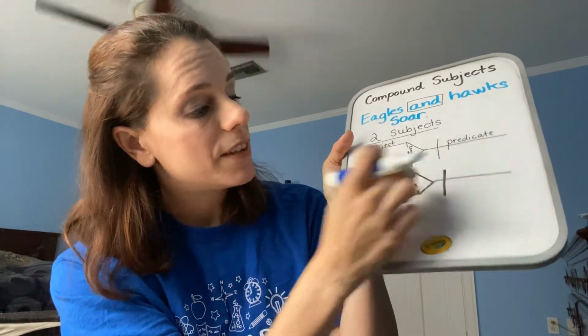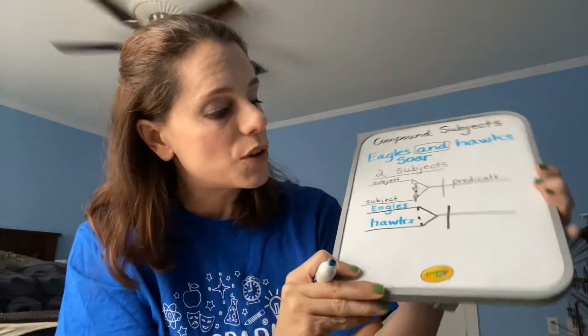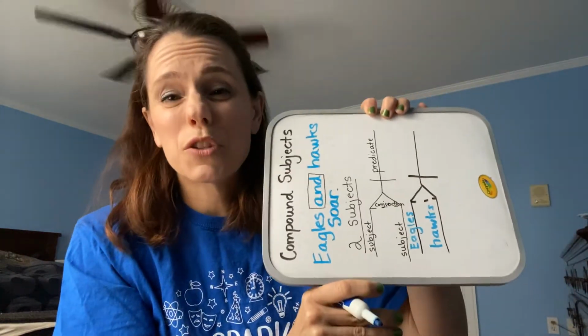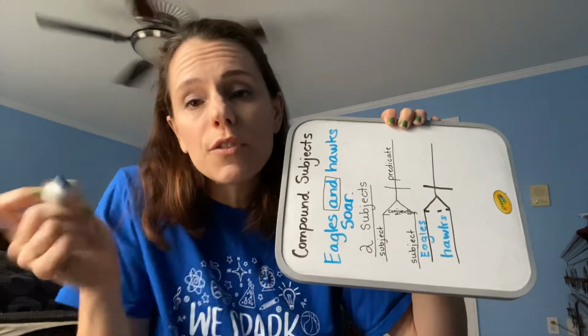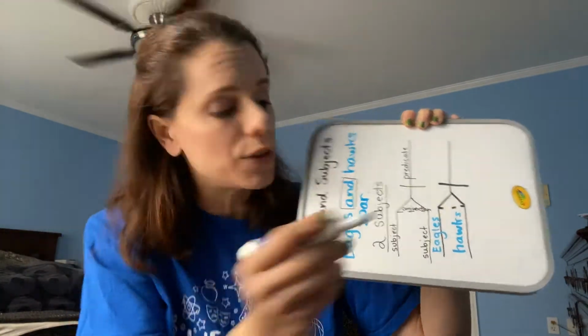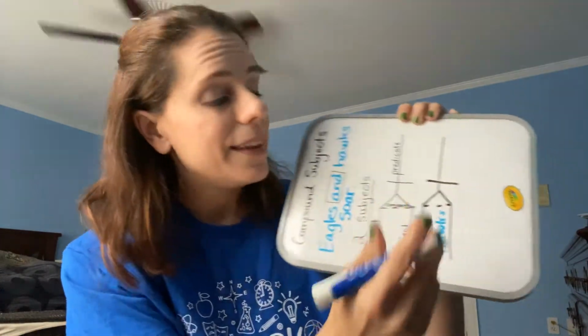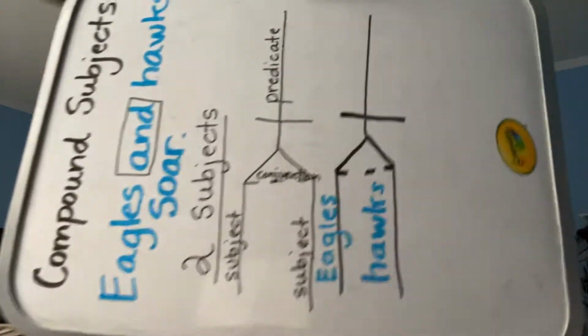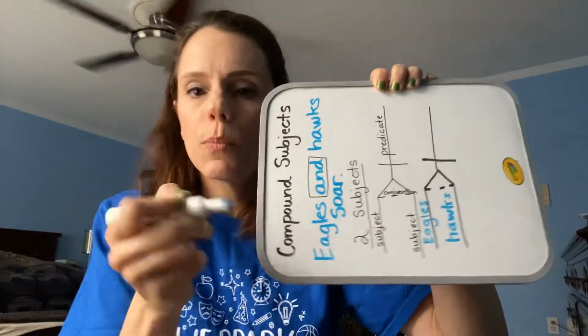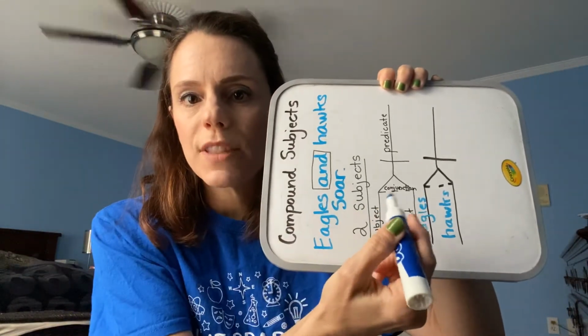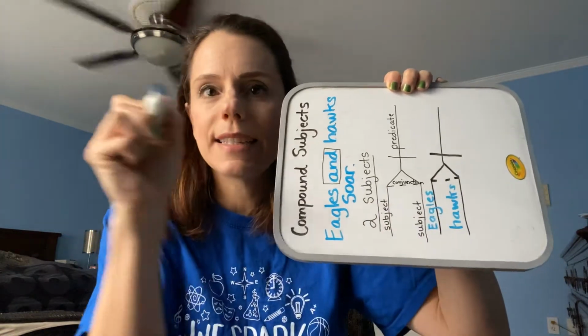Then I have the little triangle part where my conjunction goes. So I'm going to turn my little whiteboard this way. You might need to turn your journal. If you can maneuver your hand that way, good for you. It's a little tricky. And this is a dotted, like a dashed line, okay? That's important. When you're putting these in your journal, make sure that triangle part, that line, is dotted or dashed.